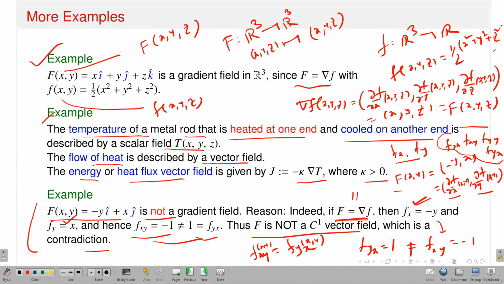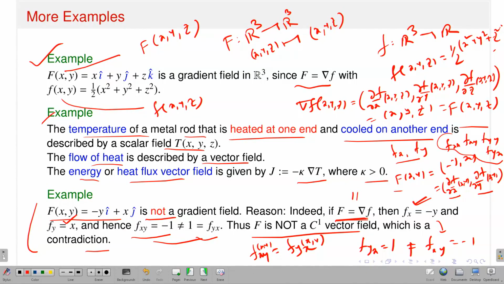Since capital F is C1, the first order partial derivatives f_x and f_y are differentiable and continuous. That means all the second order partial derivatives of f exist and are continuous, so the mixed derivatives should have equal values.